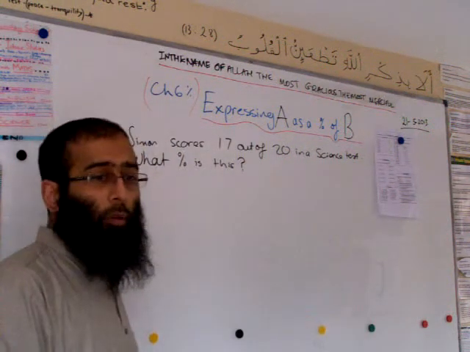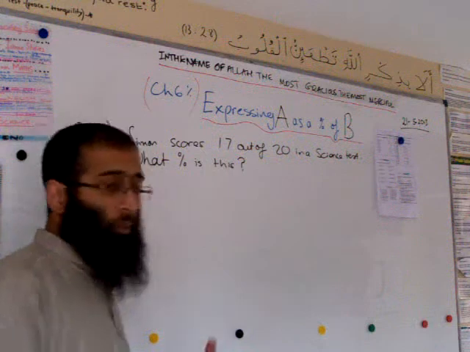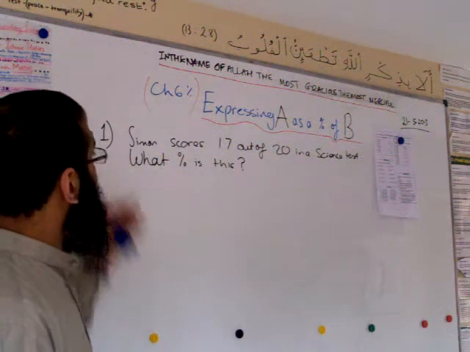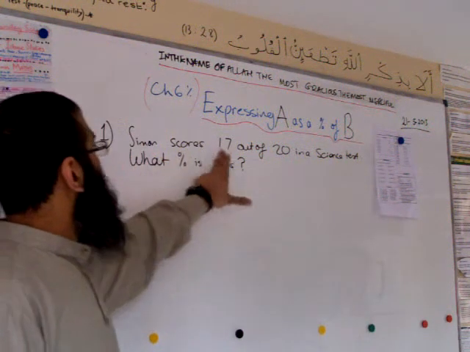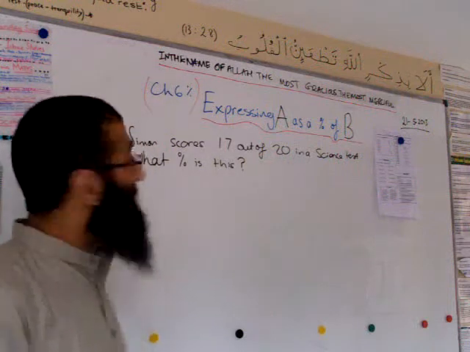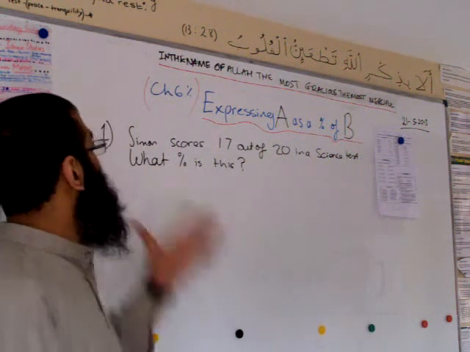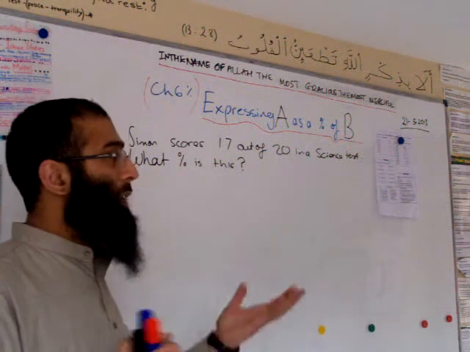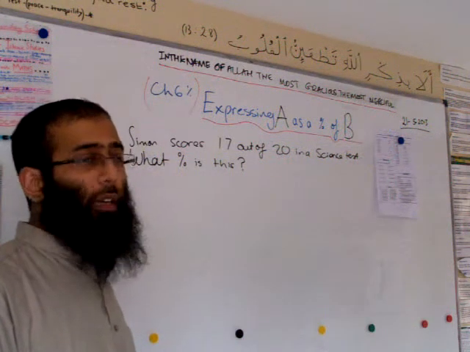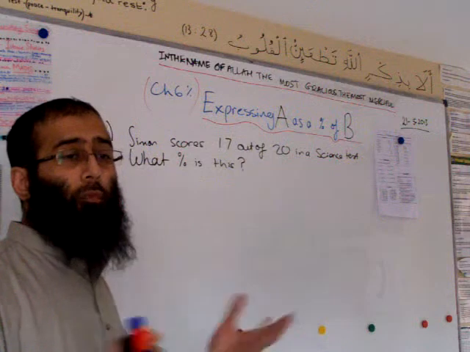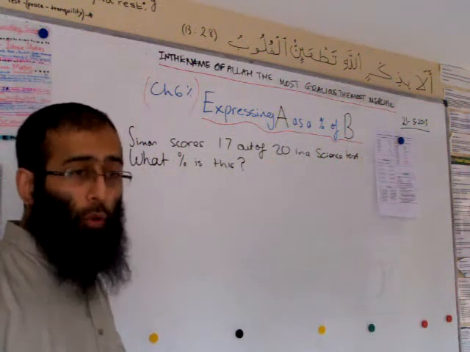That's one typical type of question. Example number 1: Simon scores 17 out of 20 in a science test. What percentage is this? It could be in the context of a class, where 20 out of 30 are boys. What percentage are boys?